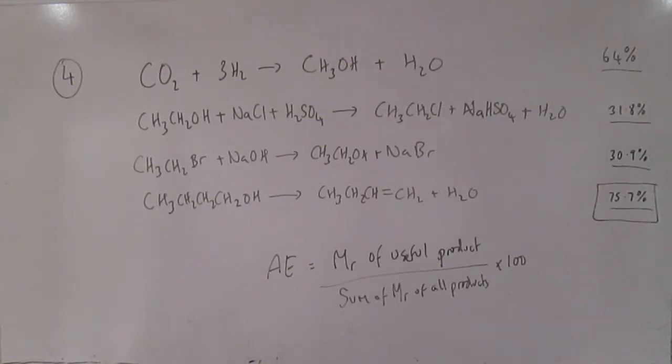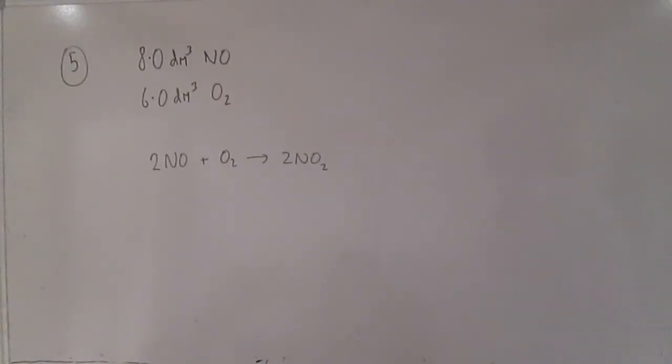The first issue in question 5 is to remember that at any particular temperature and pressure, the volume of a gas is proportional to the number of moles, irrespective of what substance that gas actually is. So that's embodied in the idea that 1 mole of gas occupies 24 dm cubed at room temperature and pressure.